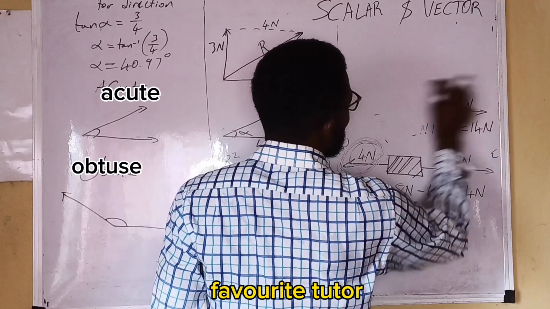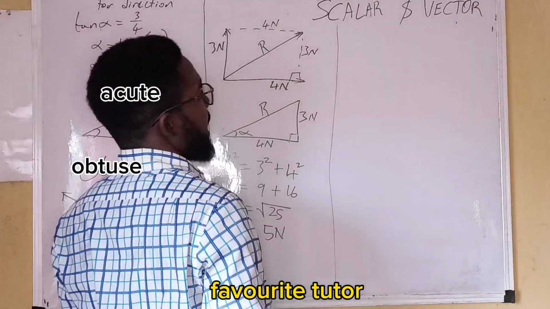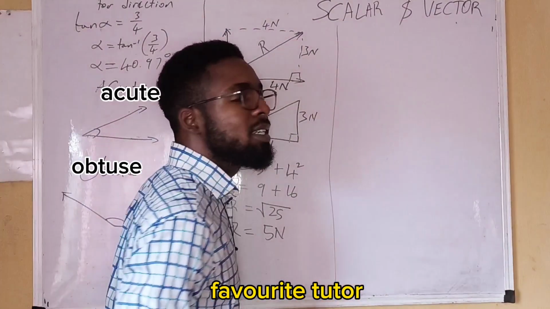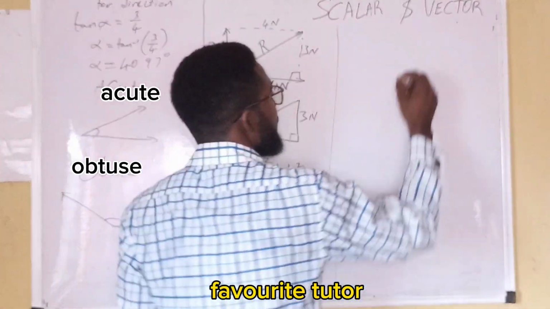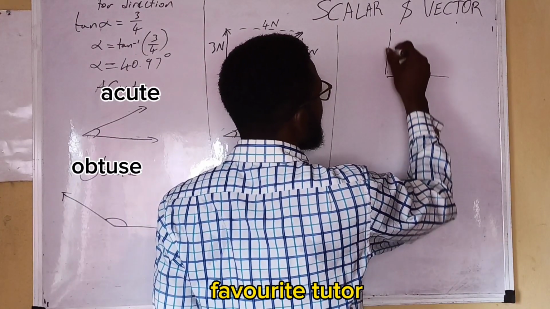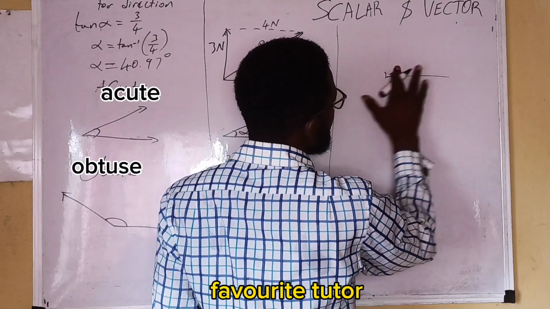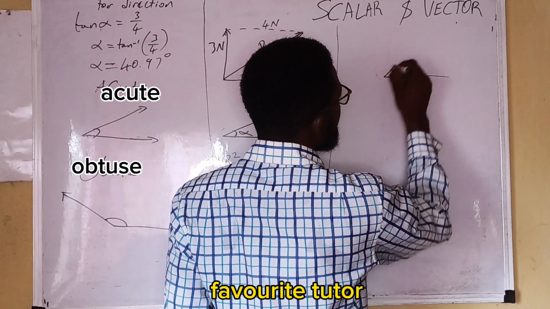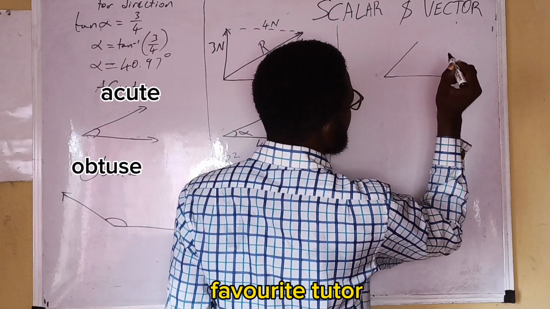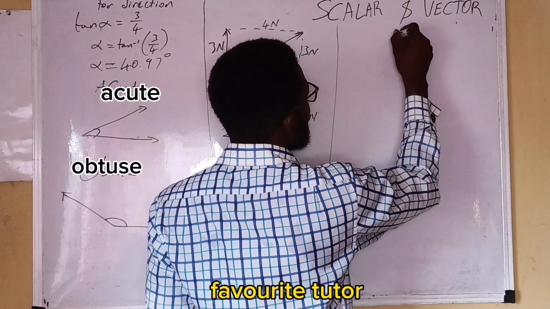For instance, we have vector forces acting at 60 degrees to each other. If this is 90 degrees, 60 degrees should be like this. Am I right? Okay, let's assume that this is 60 degrees.